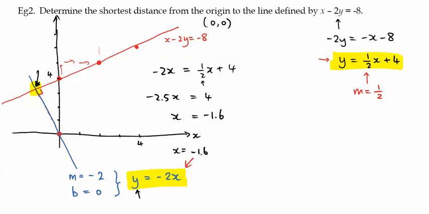-1.6 for x. Bring it into the equation. We have y equals -2 times x. And that will give us 3.2. 2 times 1.6. So here is the coordinate, negative 1.6, positive 3.2.